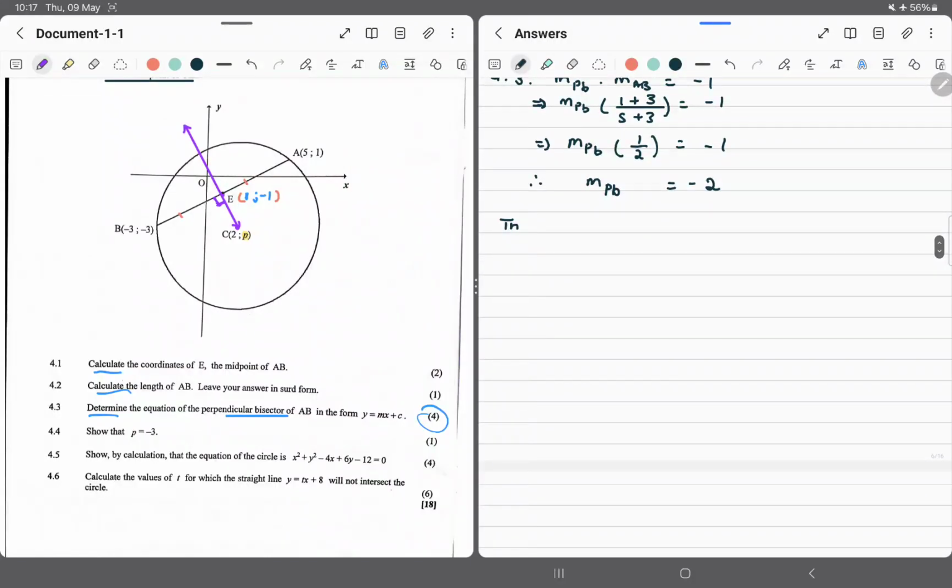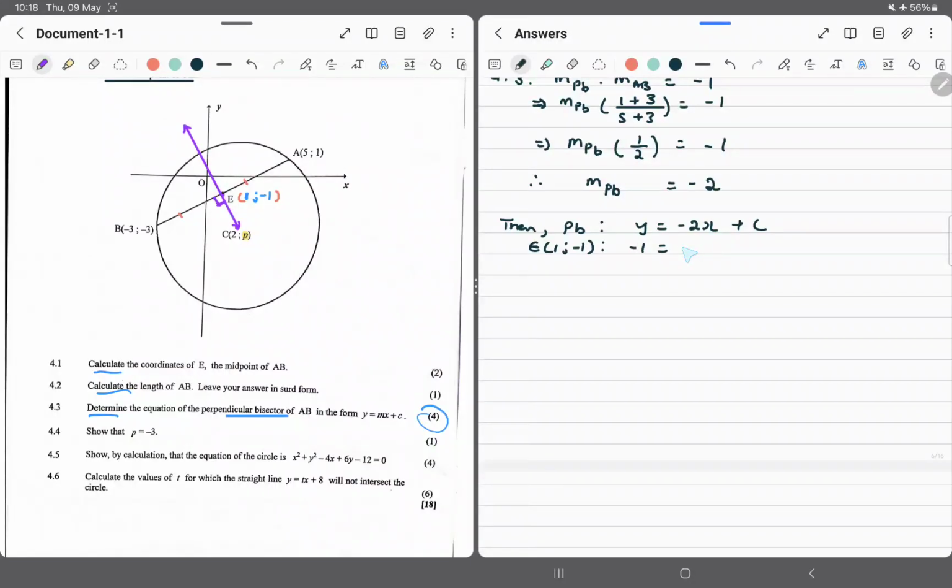Now we can go on and say then our perpendicular bisector is going to be such that y is equal to -2x plus c. And we know that it passes through point E with coordinates 1 and -1.